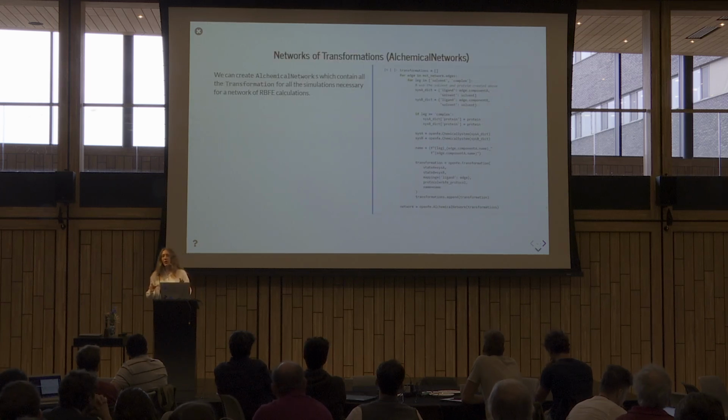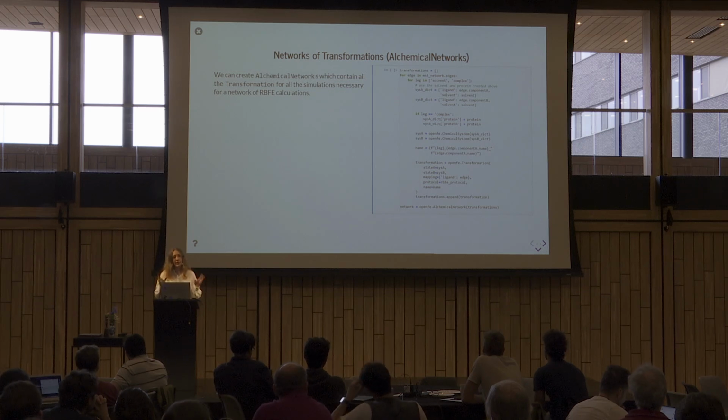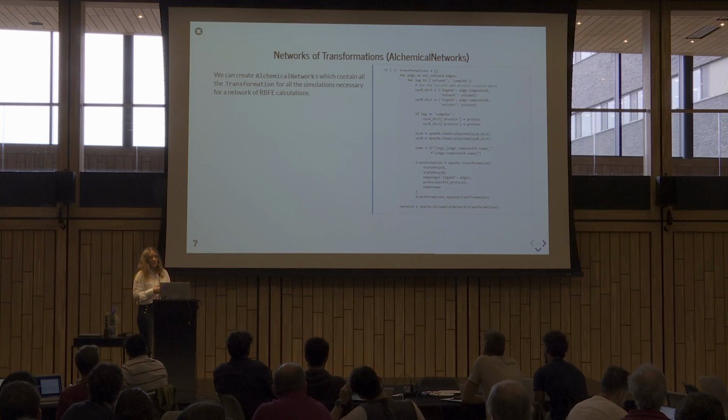Now, so far, we just looked at a single edge to go into a deep dive of all the different things we need. But of course, we have our MST network. We want to simulate all our 14 ligands and all the transformations between these ligands, so we can conveniently do this all together and create a whole alchemical network that consists of all the alchemical transformations that we need to run this network.